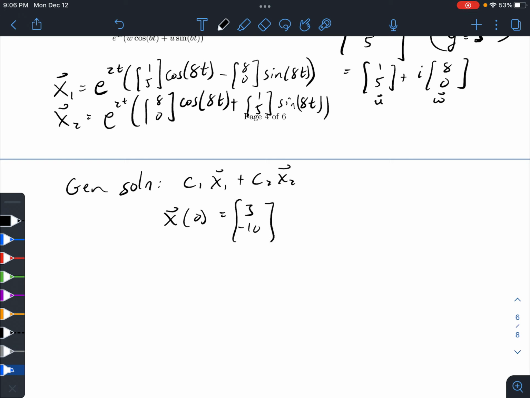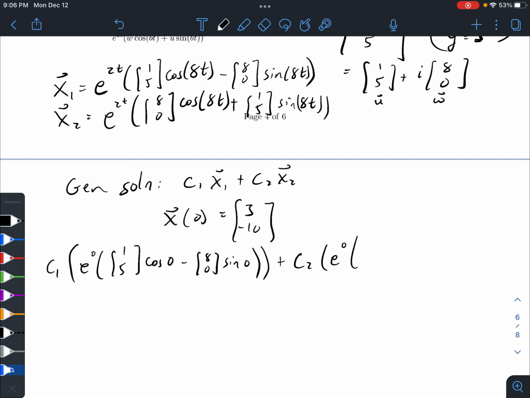So plugging all that stuff in, we get c1 times x1 of 0. x1 plugging in 0 is e to the 0 times (1, 5) cosine of 0 minus (8, 0) sine of 0, plus c2 times x2 of 0, which gives me e to the 0 times (8, 0) cosine of 0 plus (1, 5) sine of 0.